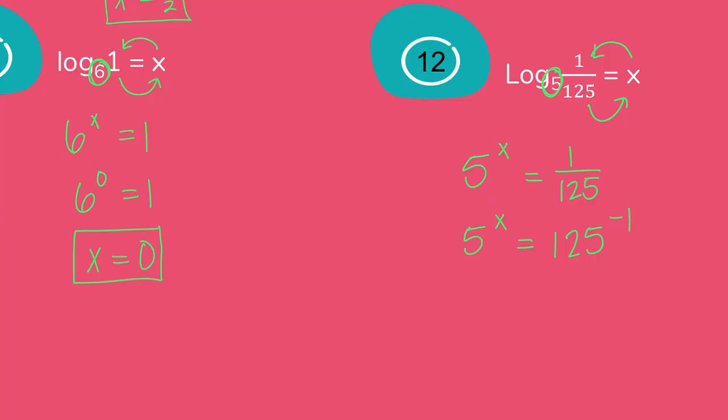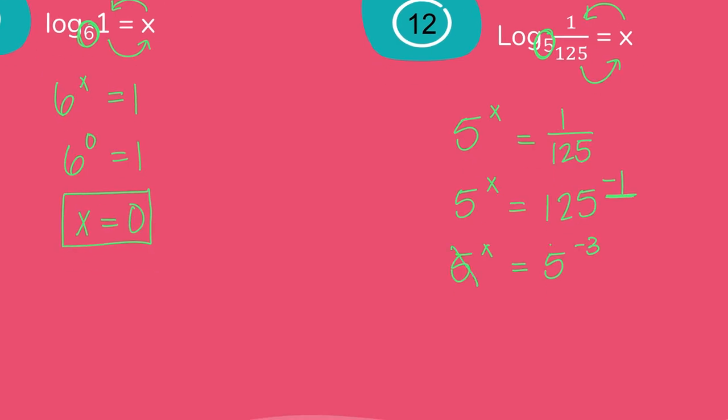Negative 1. Okay, so now how can I get a base of 5 here? 5 to the x equals, what is my power for this? Base of 5, 5 to the power of, good, it's going to be negative 3 because I had the negative 1 before. Just multiply it times 3. Cancel out my bases. X is going to equal negative 3. Super easy for that one.